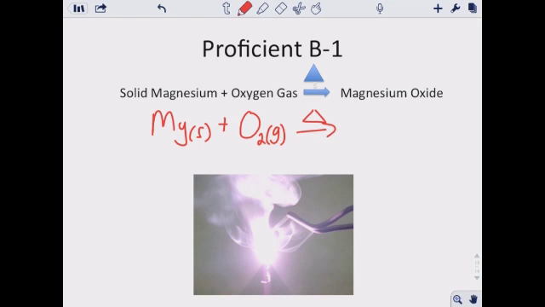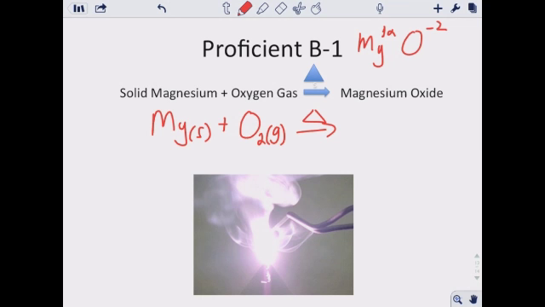Now, whenever we write a compound, we have to follow our rules for writing our formula. So on this we have magnesium and we have oxygen. Now it's an ionic compound, so therefore we have to crisscross. So magnesium has a +2 oxidation number, oxygen has a -2 oxidation number.